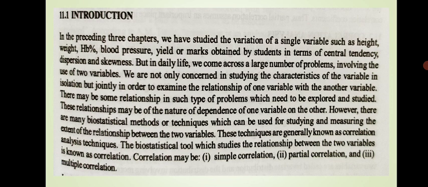We are not only concerned with studying characteristics of variables in isolation, but jointly, in order to examine the relationship of one variable with another variable. So correlation, as the name suggests, implies a relationship between two variables, meaning how two variables are related to each other.